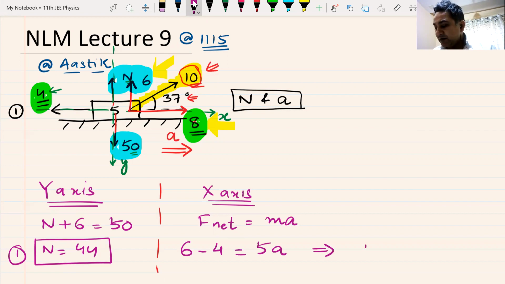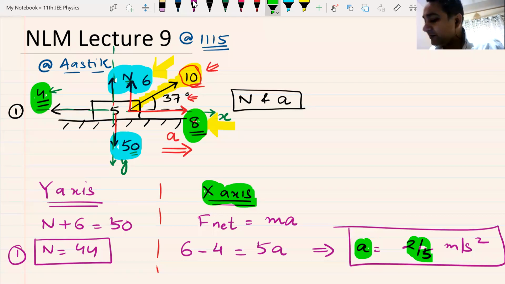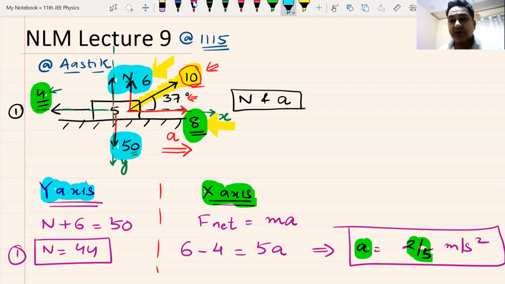From here, I can get the value of a as 2 by 5 meter per second square, and that happens to be my answer, which is coming from the equation along x-axis, clearly marked in green. I get the value of normal reaction from the equation along y-axis, which is clearly marked with blue.